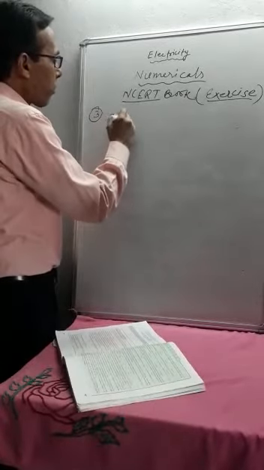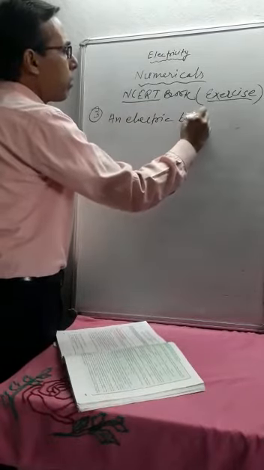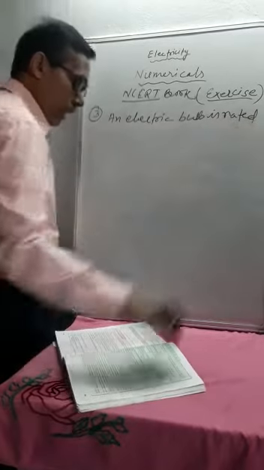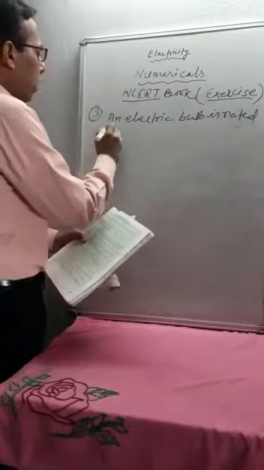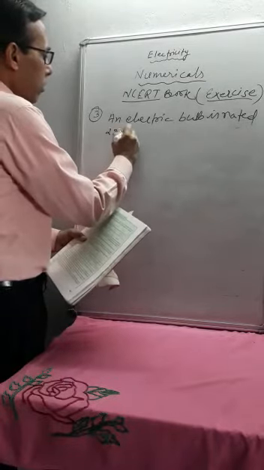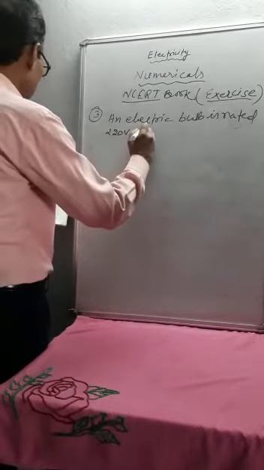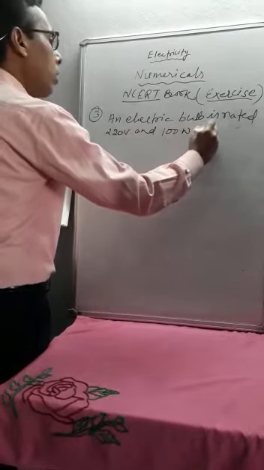An electric bulb is rated 220 volt and 100 watt.